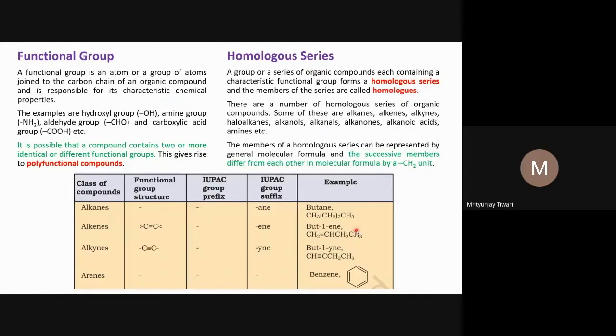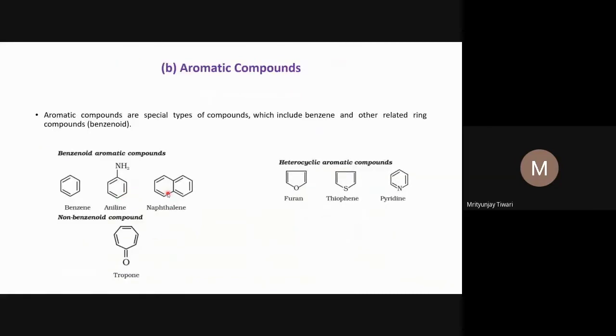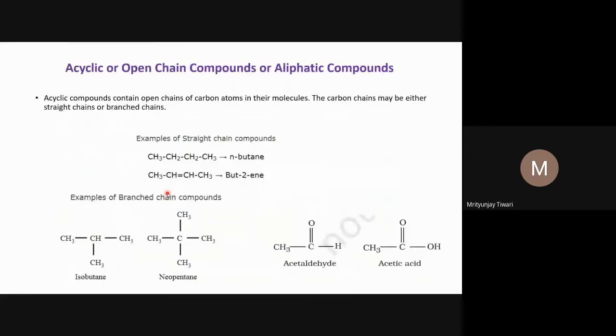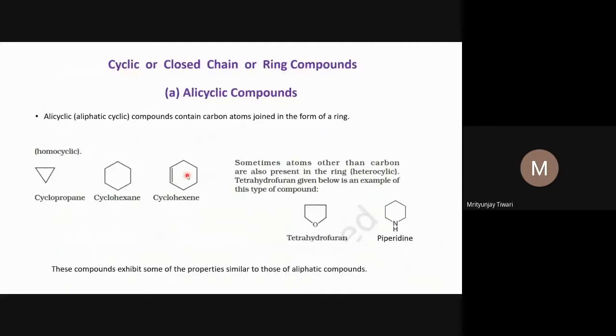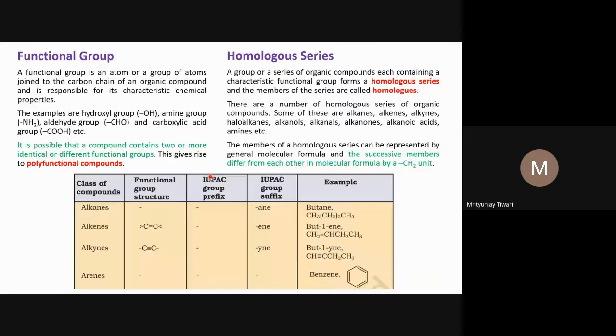These others are not alkenes, they are aromatic compounds. This is cyclohexene, an alkene, and this is also an alkene, but-2-ene. The but-1-ene is shown here.